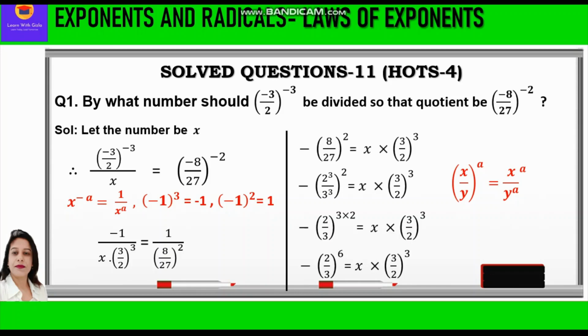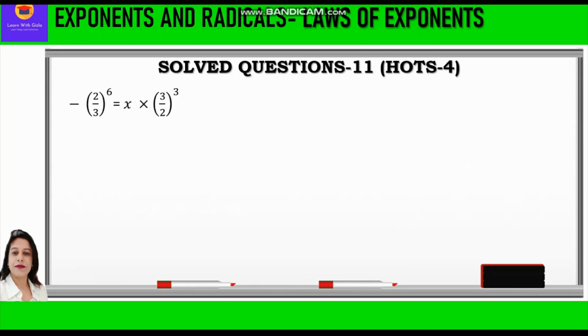So this is how we have solved till here. Further, we again apply the same law, power of a quotient. We distribute the power a into the numerator and denominator, like (x/y)^a is equal to x^a / y^a. Similarly here, a is 6 on the left-hand side and 3 on the right-hand side.